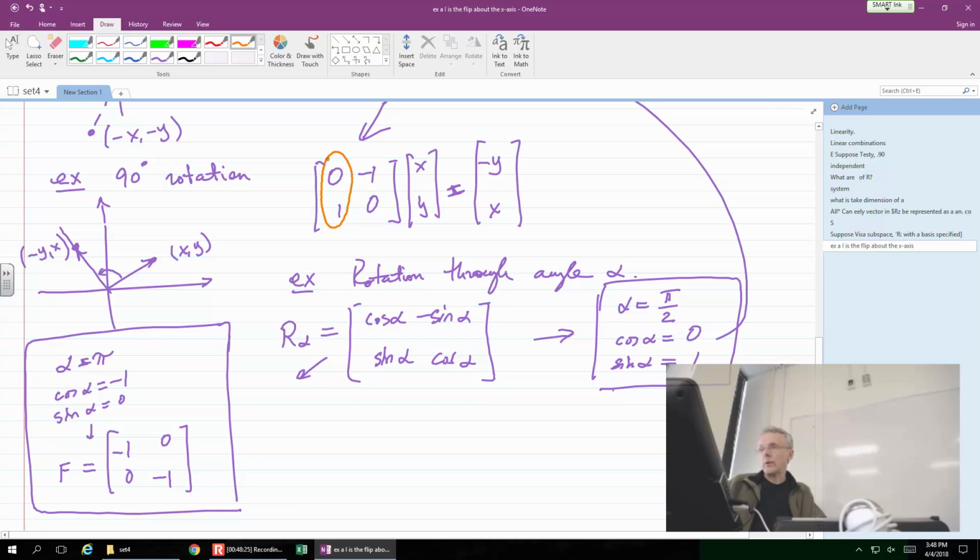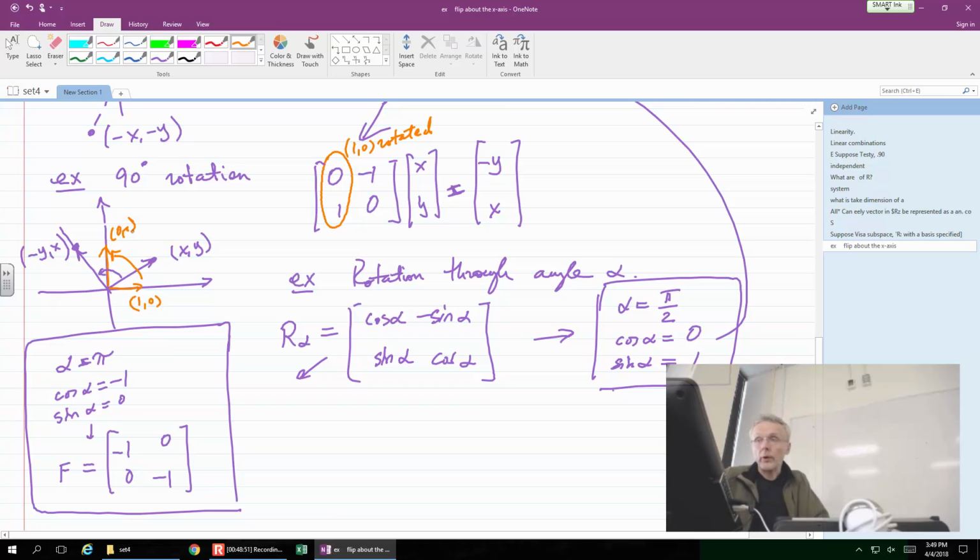0, 1. What is 0, 1? Where does 0, 1 come from? 0, 1 is 1, 0 rotated. So if I start here with 1, 0 and rotate it 90 degrees, I will get 0, 1.